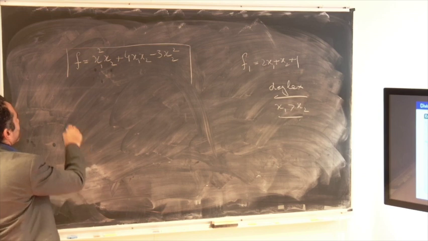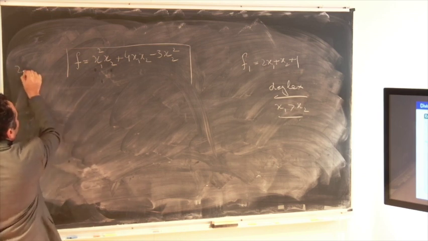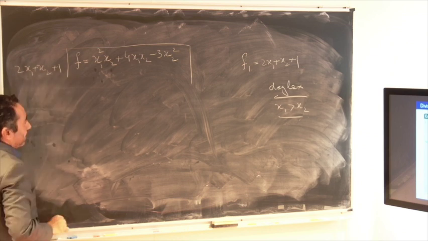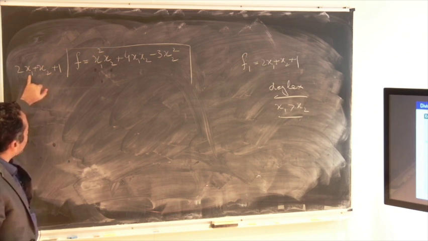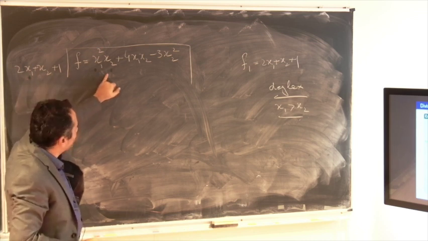Okay, so we have this F1 here, which is 2x1 plus x2 plus 1, and we need to divide. Here the leading term is x1, here the leading term is x1 squared plus x2.